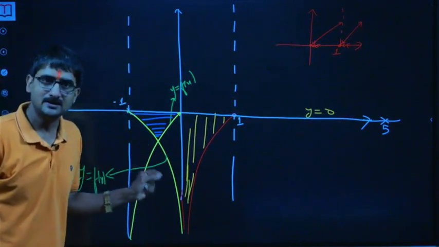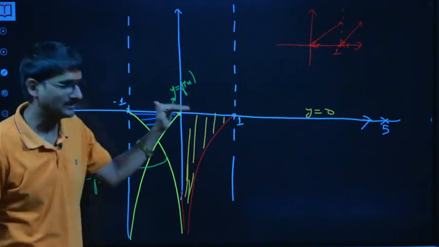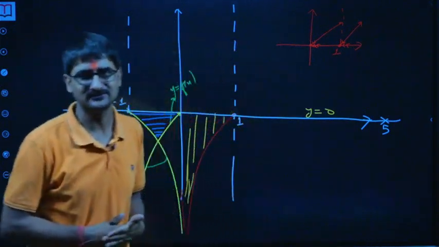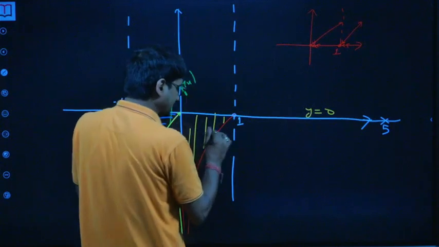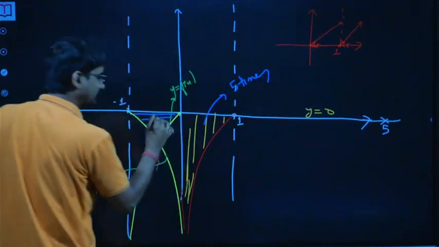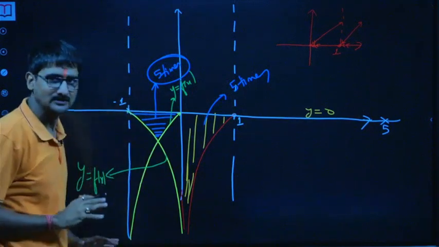On the right side, since y is equal to fx and f mod x are the same, so according to me, 5 times this area on the right side and 5 times its area on the left side should give us the answer. So let's try.